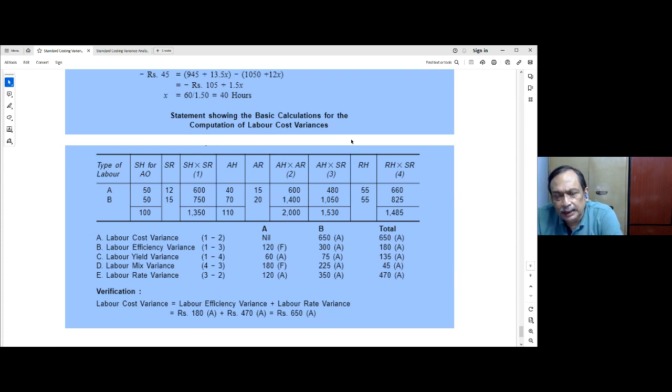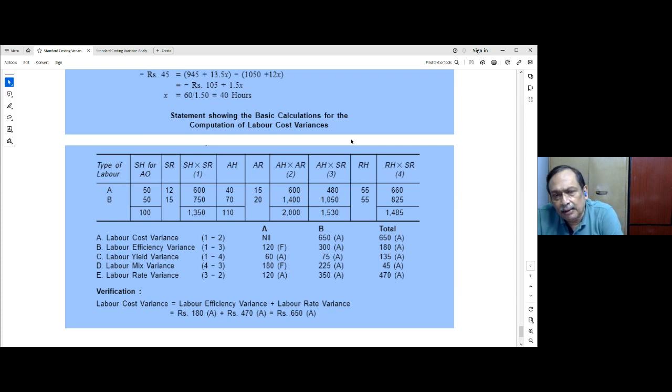AH 40 and 70, that is 110. AR 15 and 20. Then AH into AR, let it be 2, that is 600 and 1400, total 2000. AH into SR, let it be 3, that is 480 and 1050, so total comes to 1530. Then RH 55, 55. Then RH into SR 660 and 825.